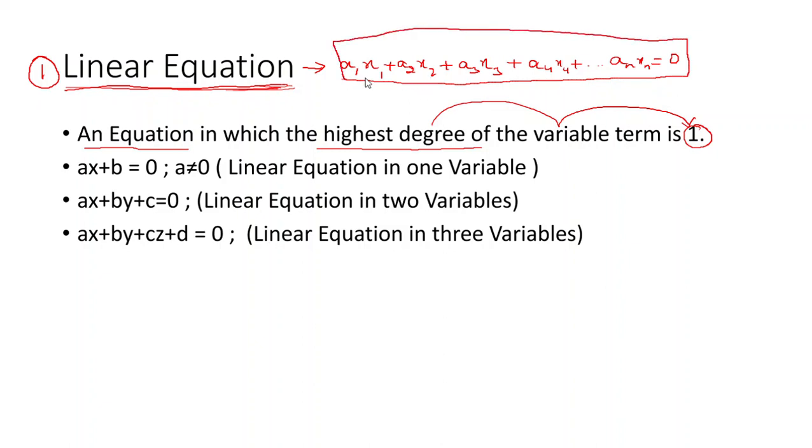Here we have many variable terms: x1, x2, x3, and so on, up to xn. But the highest degree of all these variable terms is 1. So we call this a linear equation.